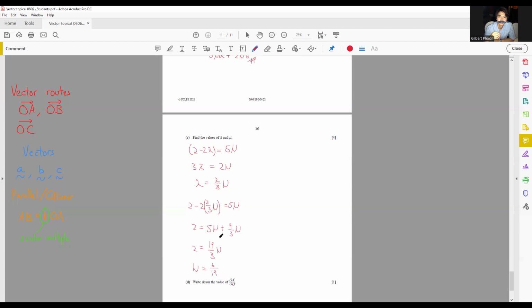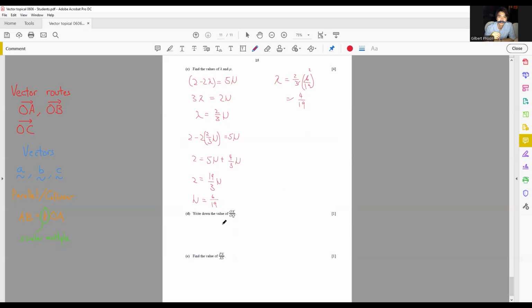Since we have this equation already, we can substitute into here. Lambda is equal to 2 over 3 times 6 over 19. And this would therefore give you 4 over 19. Lambda is equal to 4 over 19. Lastly, write down the value of OX over OQ.